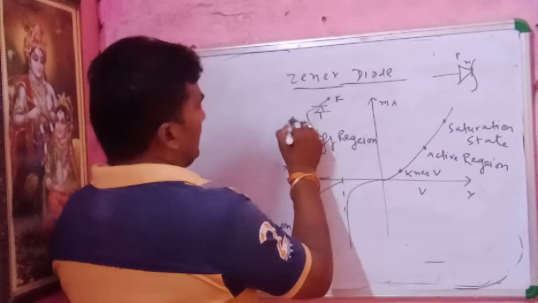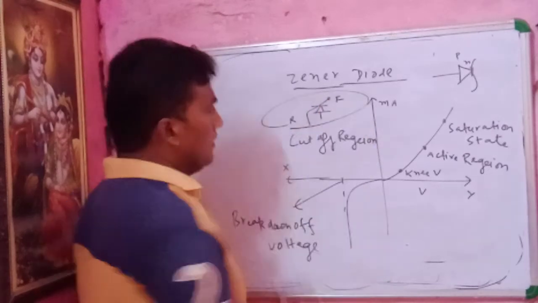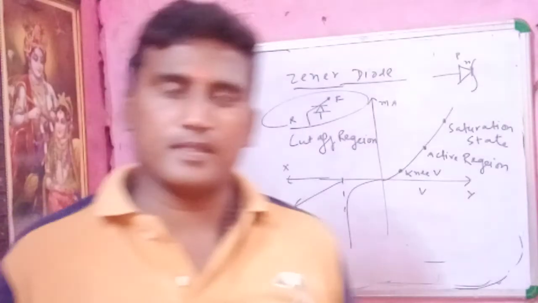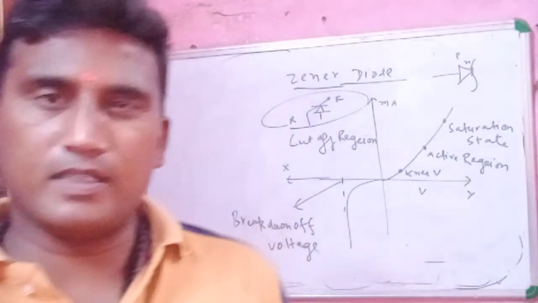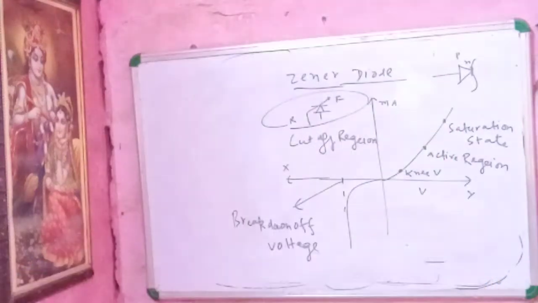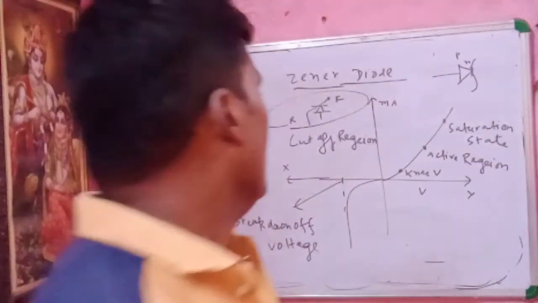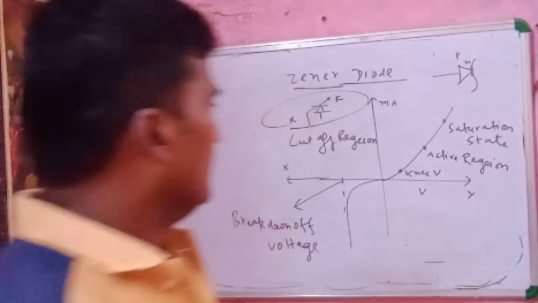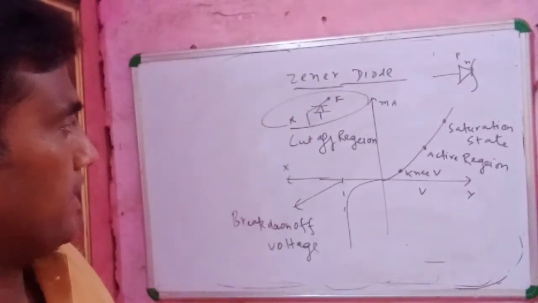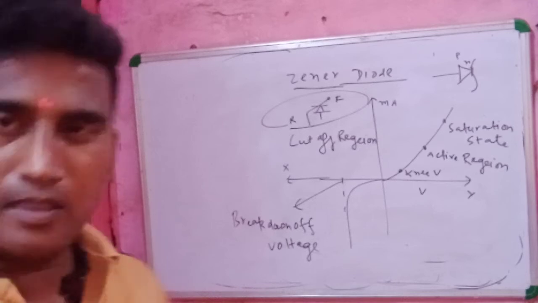Forward and reverse bias. But we always study the Zener diode in reverse bias because it transfers the amount of charge current from minority to majority. The graph represents knee voltage, active region, saturation state, cutoff region and breakdown voltage.